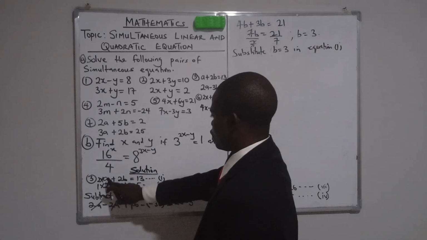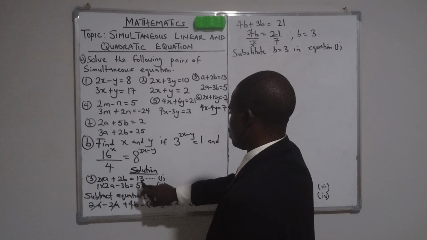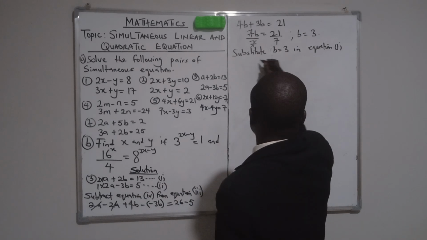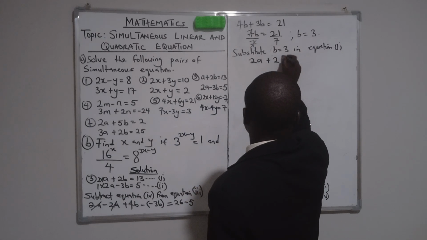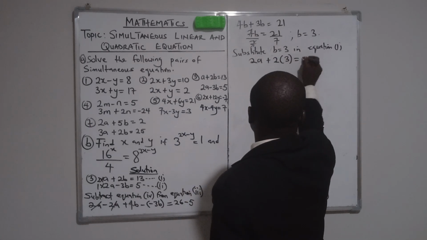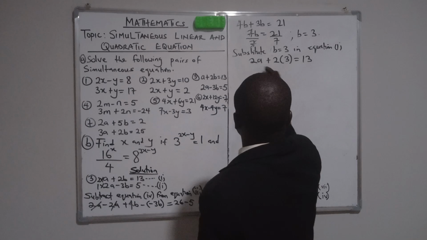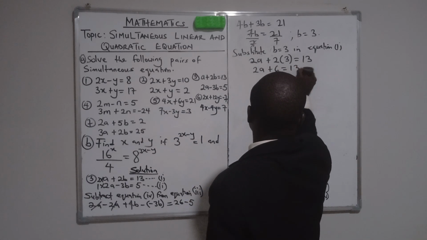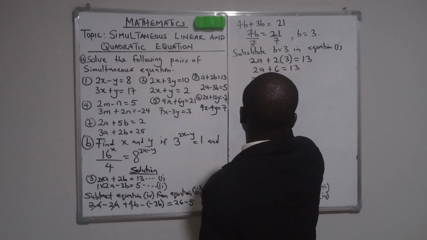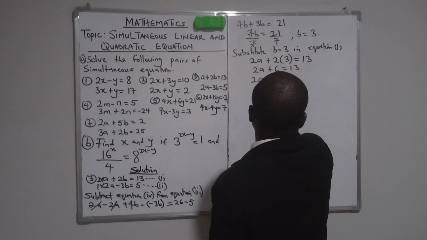Don't forget that equation 1 is a plus 2b equals 13. Now I have a plus 2 times b, which is 3, equals 13. We're having a plus 6 equals 13. Collect the terms.